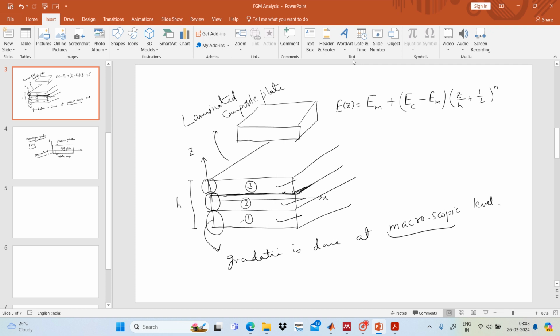So if n is equal to 0, then E of Z would be equal to Em plus Ec minus Em. Em would get cancelled. It would be only Ec. So E of Z would be equal to Ec. Means when n is 0, then it corresponds to fully ceramic properties. Okay.